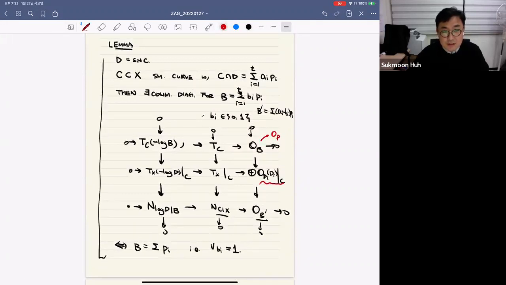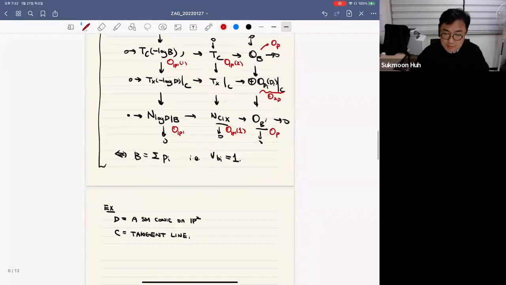This is the intersection of the tangent line with the smooth conic. So this is O_{2P}, and here we have O_P. And then the normal bundle is O_{P1}(1), and here O_{P1}(2), so here this should be O_{P1}(1). Here we have O_{P1}.